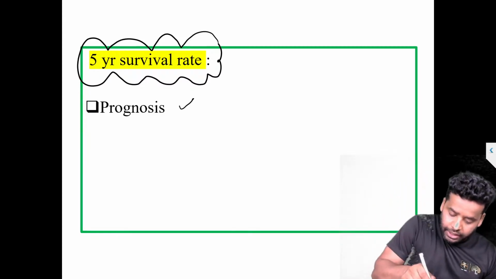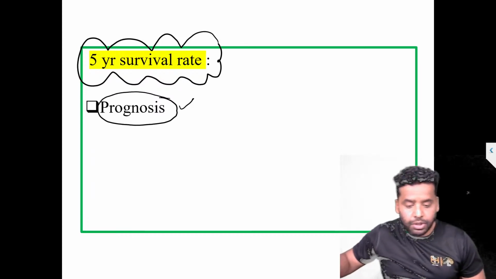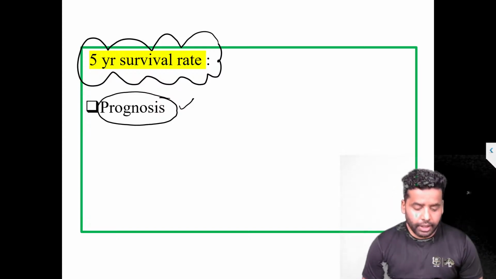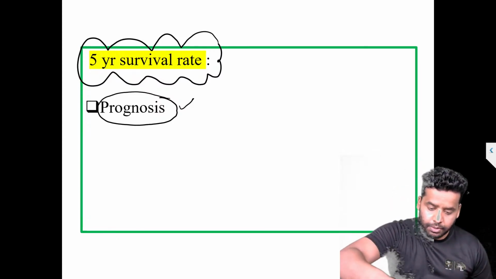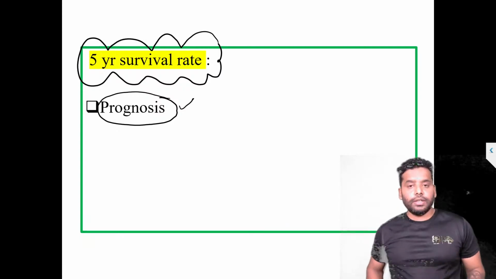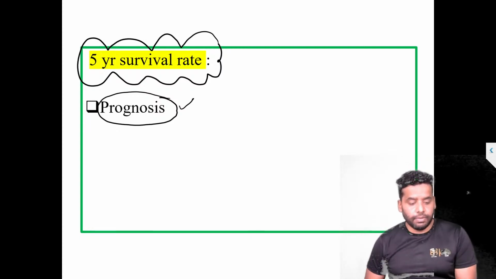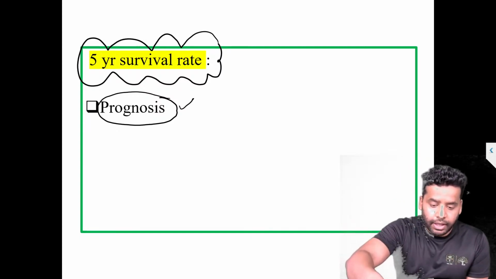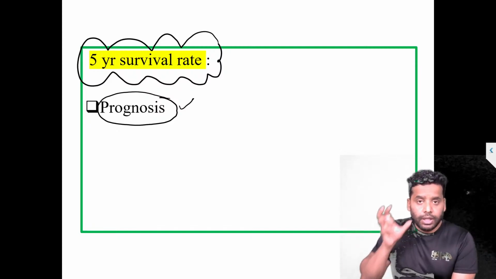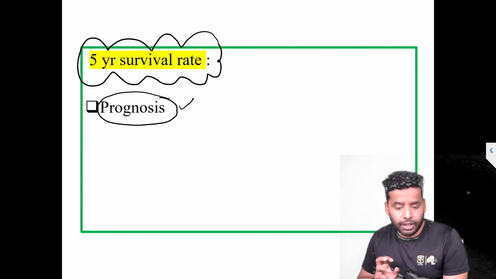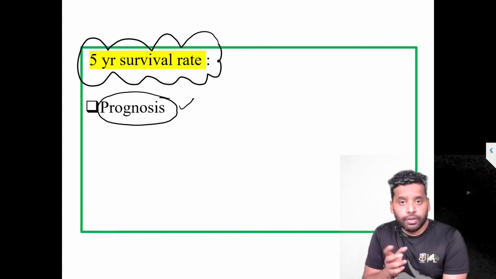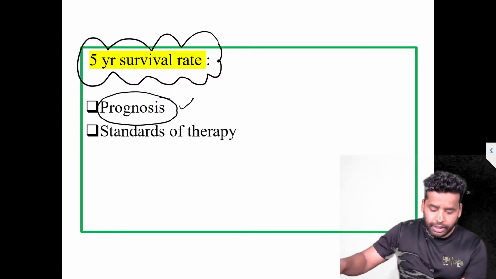So what indicator is used in estimating prognosis for a patient? Usually we give it to cancer patients. What indicator is used to assess prognosis for a cancer patient? 5-year survival rates. 5-year survival rates can also indicate which treatment is better, whether radiotherapy or chemotherapy is better.